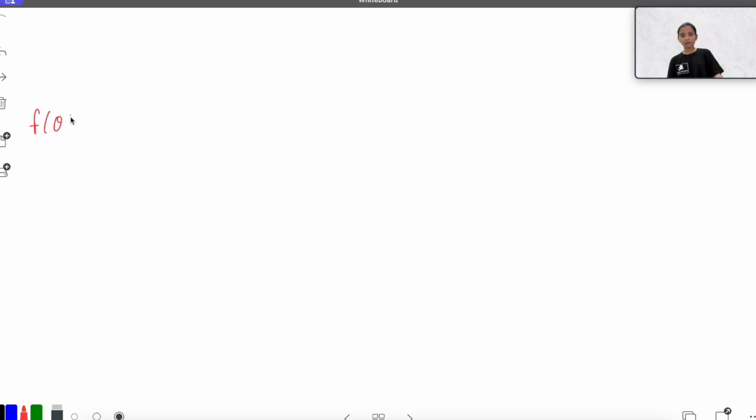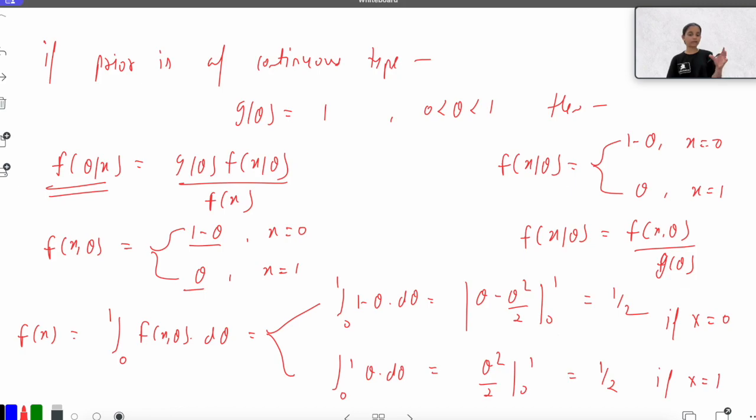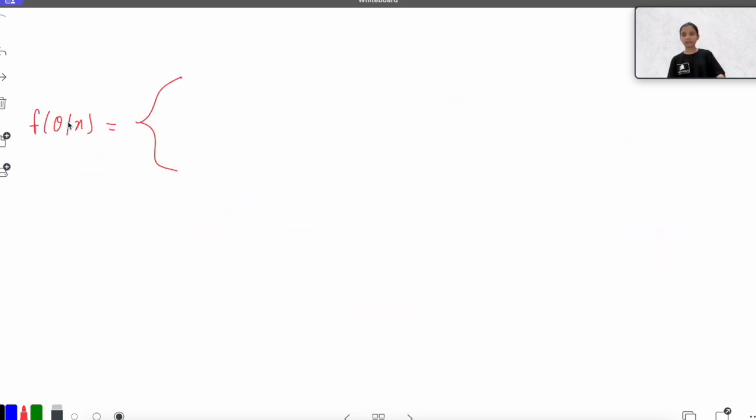F of theta given x is equal to, now you will see it in two formats, because you have x equals 0 and x equals 1. My posterior is g theta f of x given theta upon f of x.